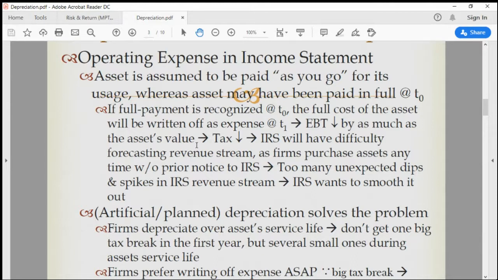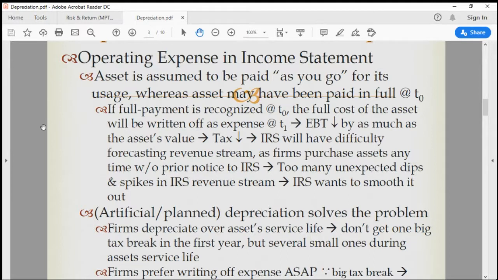Make sense? Think about it. Expenses, interest payment, all those elements, by being subtracted from the income, mainly sales revenue, reduce your taxable income or EBT. Make sense?